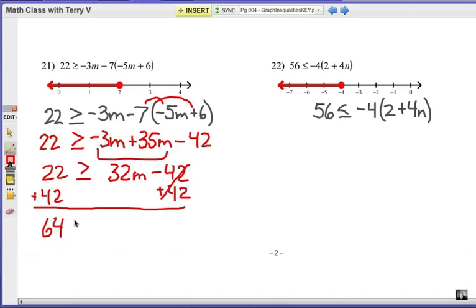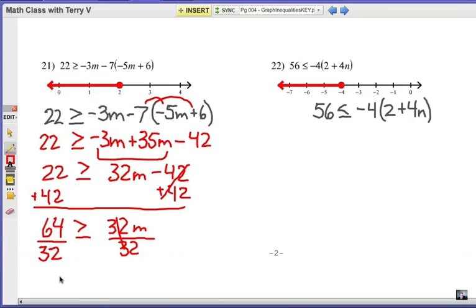64 is greater than or equal to 32m. And then in our final step, we are dividing by a positive 32. Now again, if you want to double check on changing the inequality symbol or flipping it around, you ask yourself, is it multiplying or dividing by a negative? It's the negative that counts.